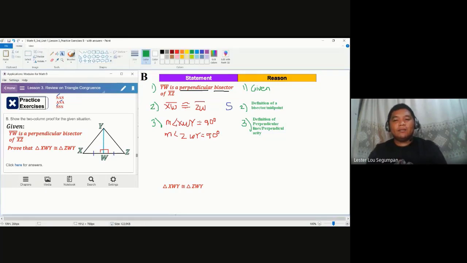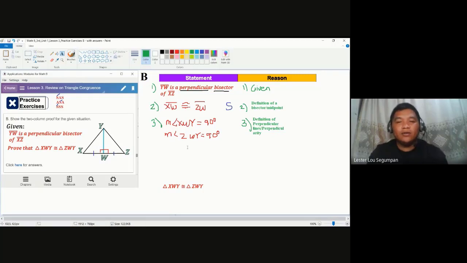Since we have established perpendicularity here, we have already exhausted the relationships on the given. So we cannot establish a relationship from any other statements further from the given.